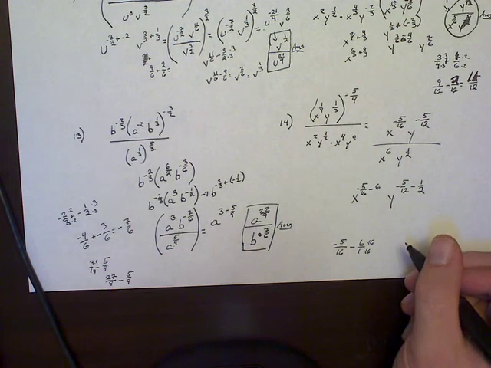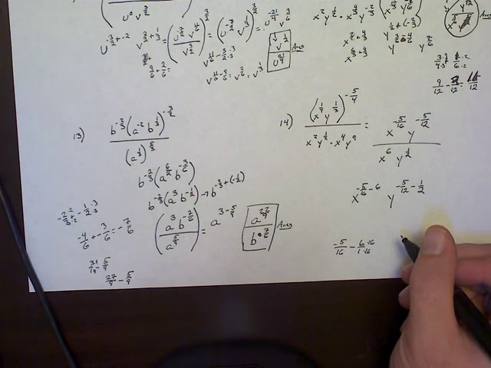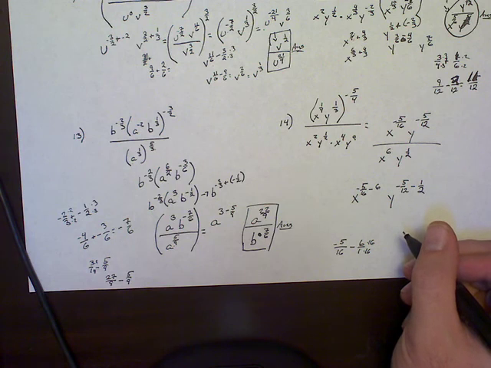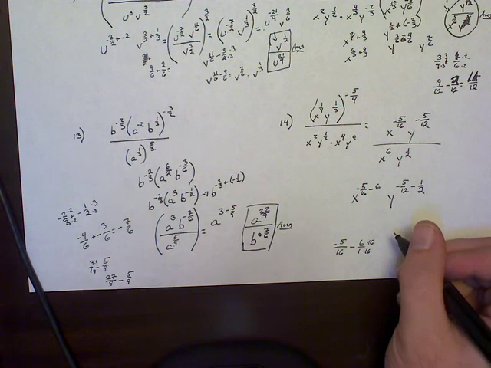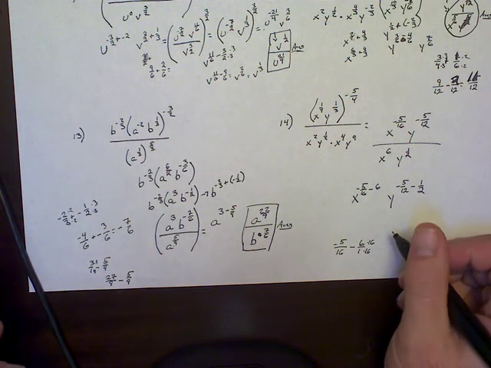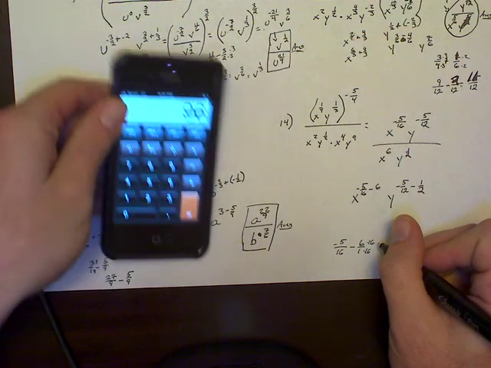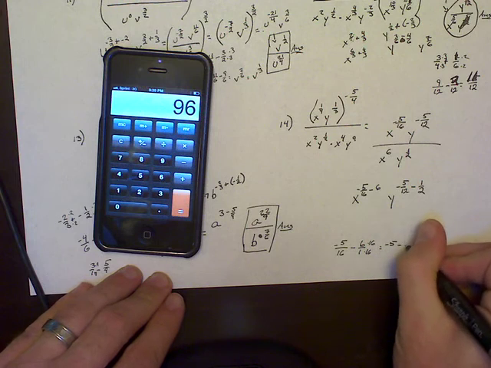So 6 times 16 equals 96. So we end up with negative 5 minus 96 over 16, which is negative 101 over 16. So that means this x right here becomes x to the negative 101 over 16.